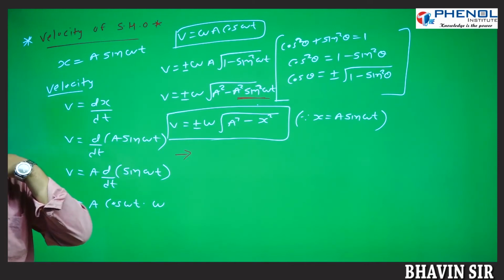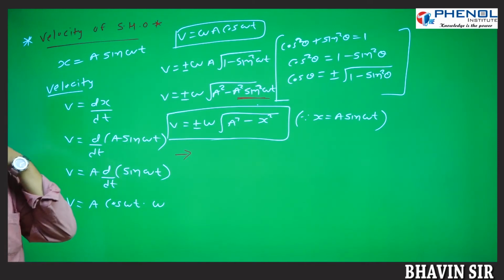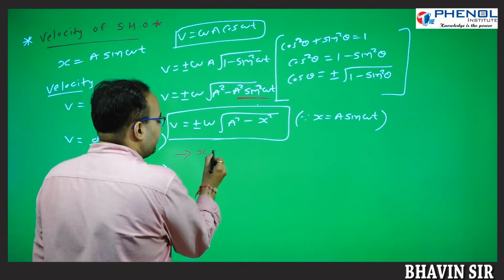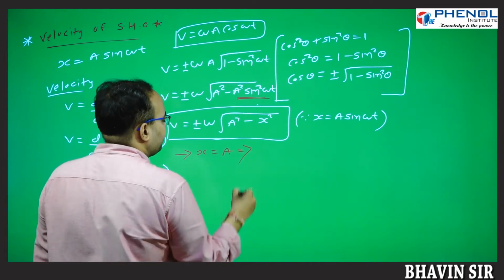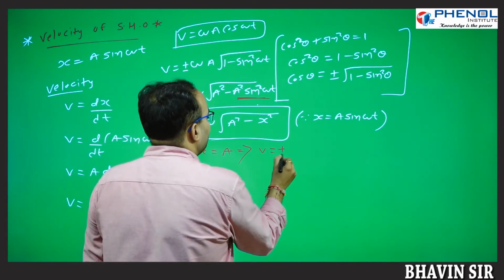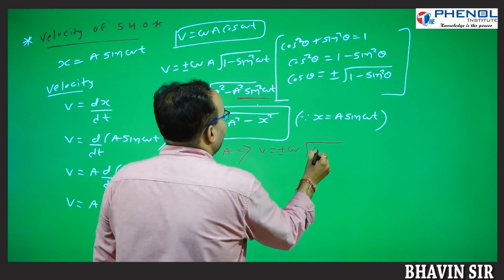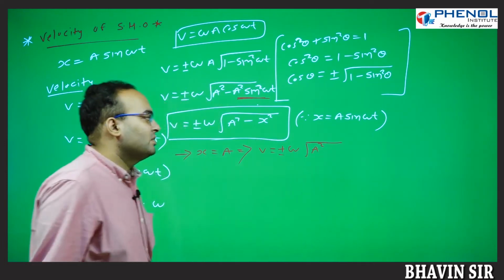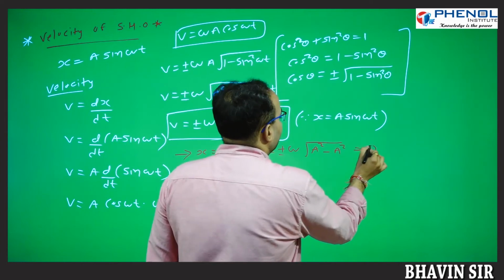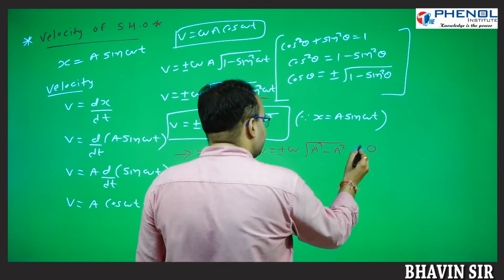Omega is the angular frequency, 2 pi nu or 2 pi by T. Now we take different cases. Suppose if we take x equals a, then velocity equals plus or minus omega under root a square minus a square, so velocity becomes 0.